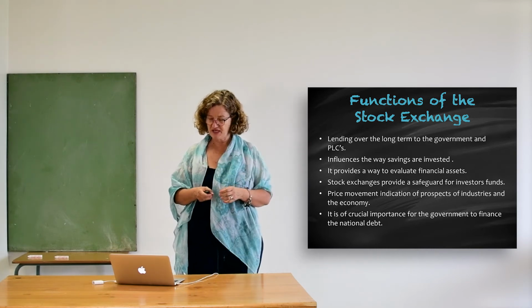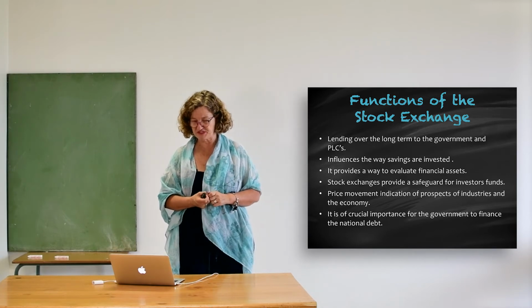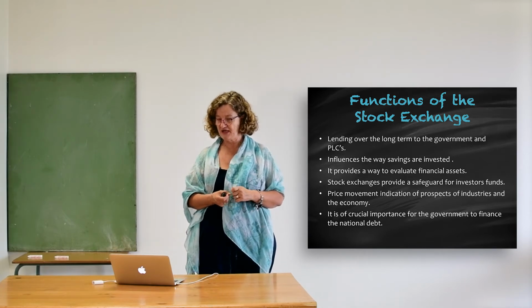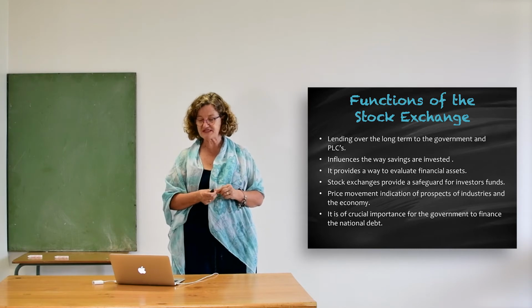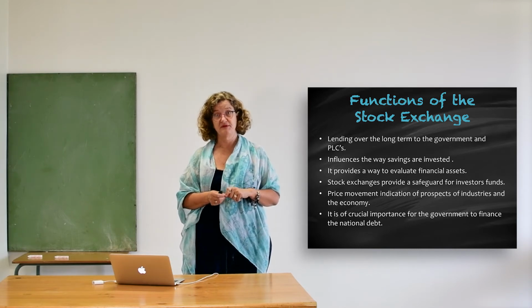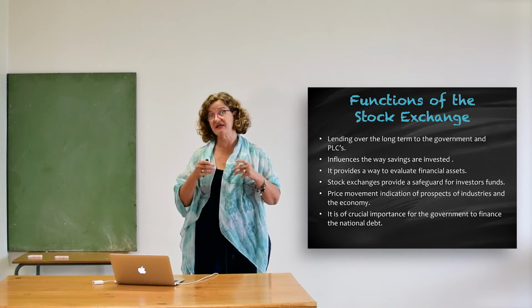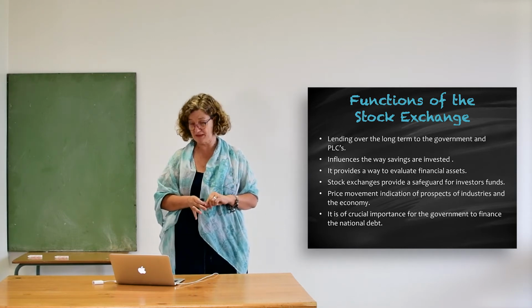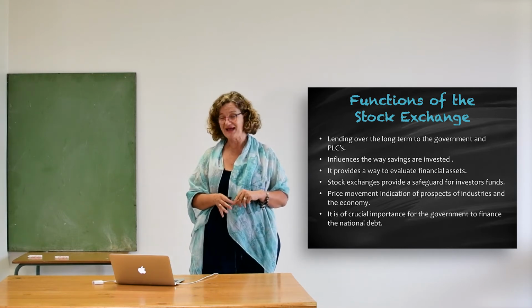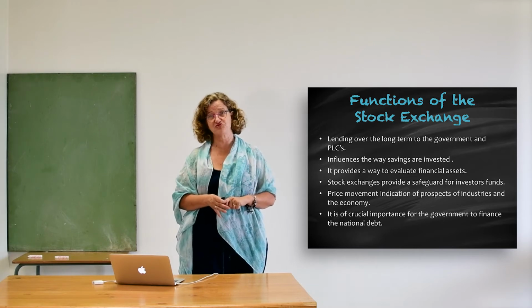Then price movements of shares indicate what happened in the public limited company, and are also an indication of what happened in the industry and in the economy of a country.